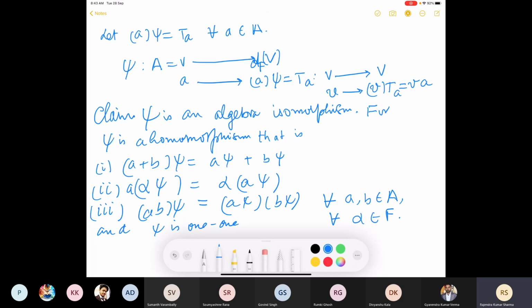This is for all a, b in A, and for all alpha in F. So this (a plus b) psi is the same as a psi plus b psi. Proving this means that T_(a plus b) is equivalently the same as T_a plus T_b. This is equivalent here because you can see that a psi is T_a. So this is alpha T_a, and this is T_(alpha a).